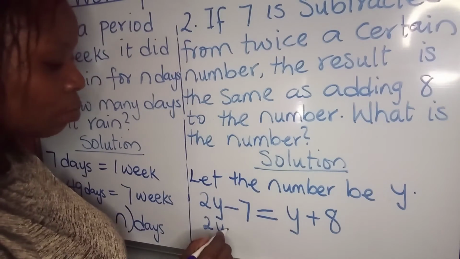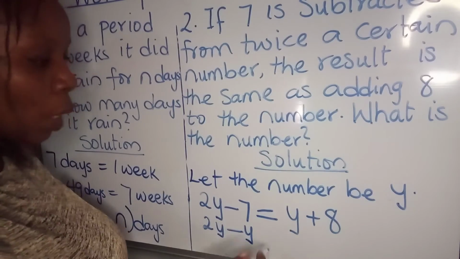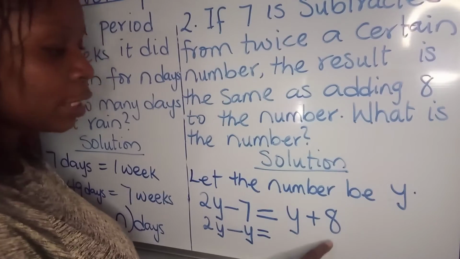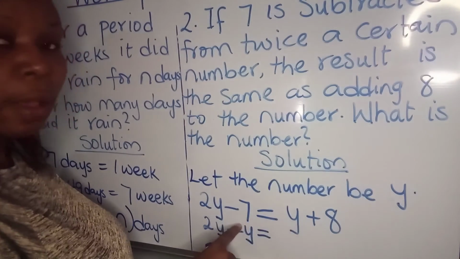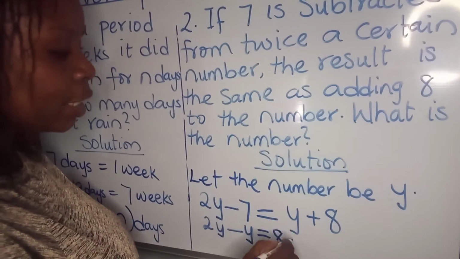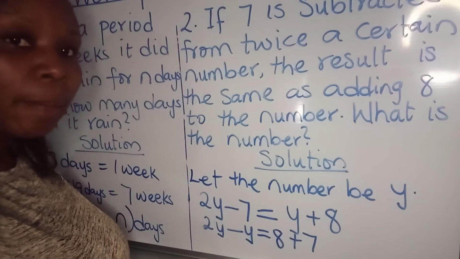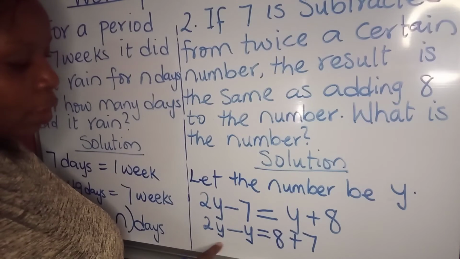So this is 2y minus y, equal to 8 plus 7, because the negative 7 moves over and becomes a positive 7.